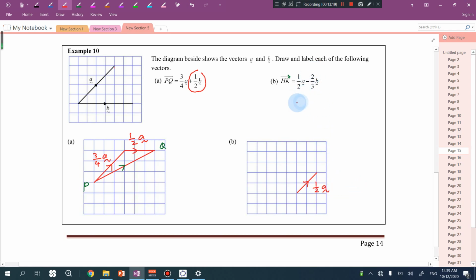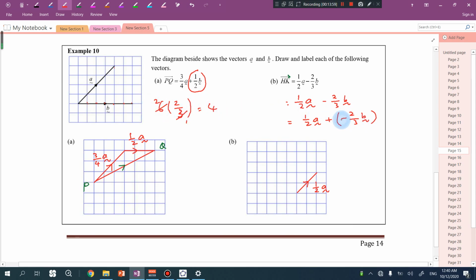Now we go to this one. 1 over 2a minus 2 over 3b is actually the same thing as 1 over 2a plus negative 2 over 3b. So what we need to do is figure out how to draw this vector, negative 2 over 3b. So how many steps? 1, 2, how many units? 1, 2, 3, 4, 5, 6 units. Since I want 2 over 3, 6 times 2 over 3 gives you 4 units.